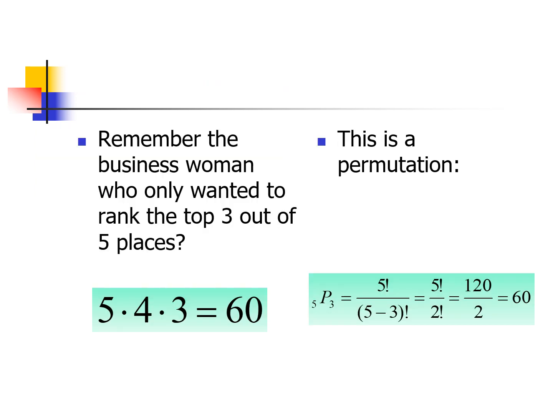Now, remember yung problem natin a while ago? The businesswoman who only wanted to rank the top 3 out of 5 places, in which our answer earlier is 60. So, this is how it is solved. So, we have permutation of 5 taken 3, which is equal to 5 factorial over 5 minus 3 factorial.